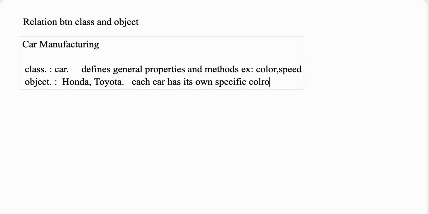The objects we can say are pizza, pasta, salad. For example, the dish class defines the properties like name, price, and ingredients, as well as a method like calculate the price with tax. Each dish has unique details, but they follow the same structure.